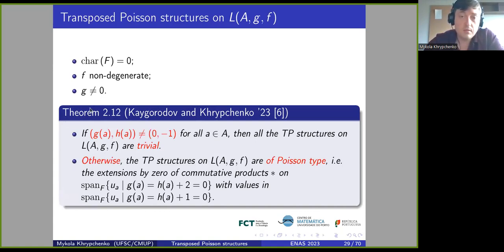If G is non-zero, the description looks more complicated, but in fact, if you remember the description of TP structures of Poisson type in the general case, then it's not that surprising, maybe. We see if there are solutions of the system G of A equal to 0, H of A equal to -1. If there are no solutions, then all the TP structures are trivial.